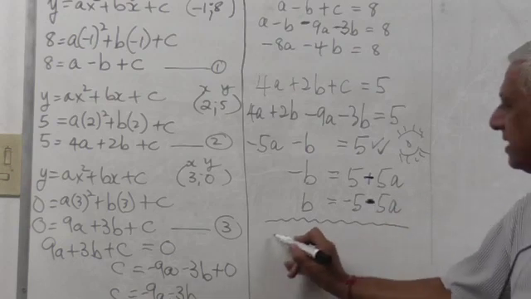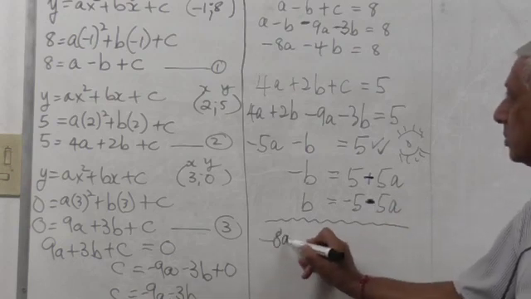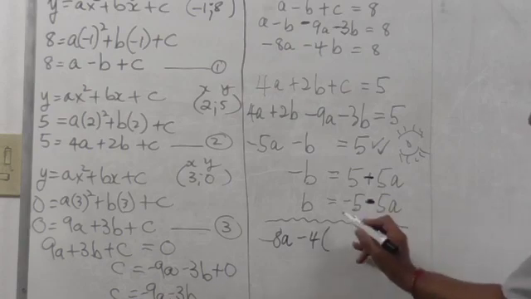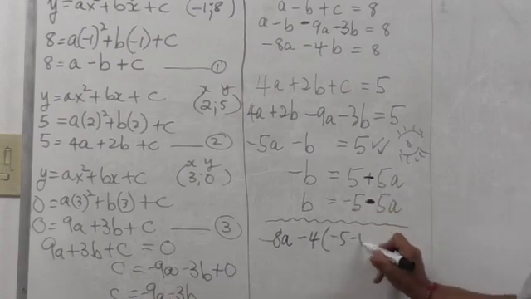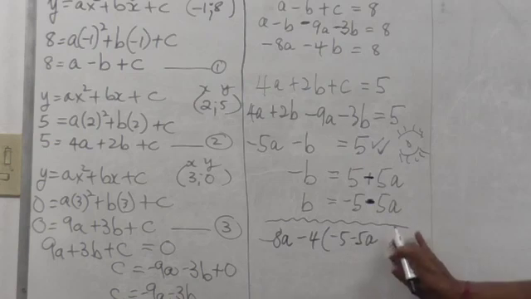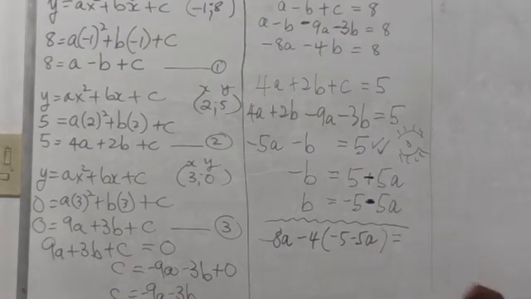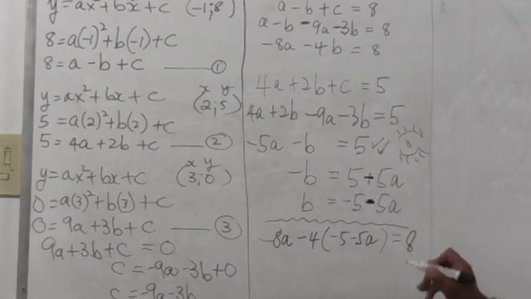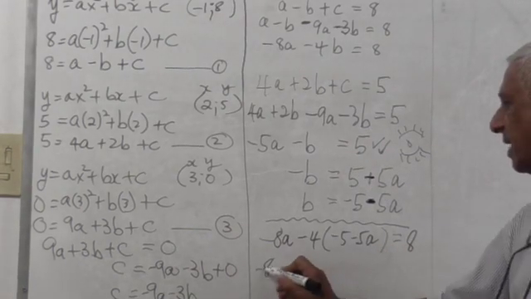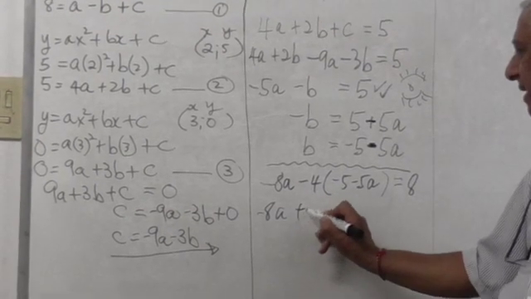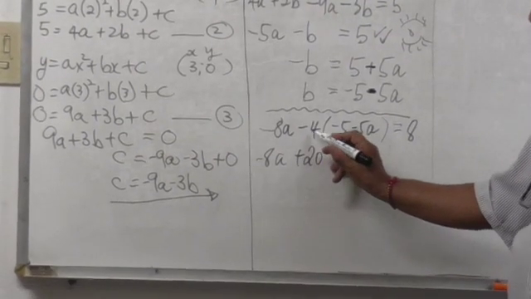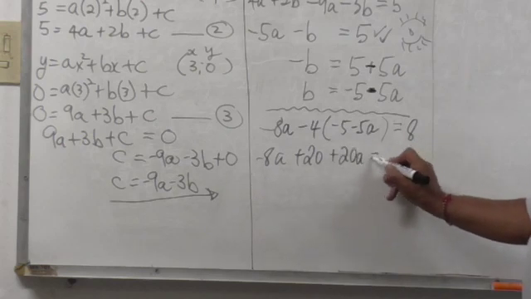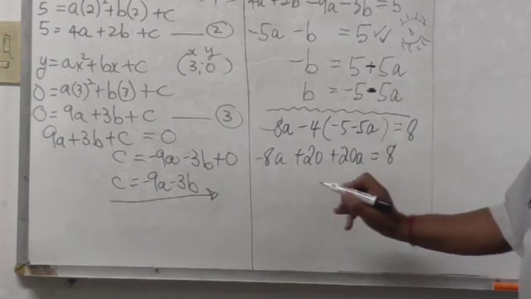So minus 8a minus 4 into b, which is minus 5 minus 5a. 8a minus 4b is equal to 8. So minus 8a plus 20 plus 20a is equal to 8.